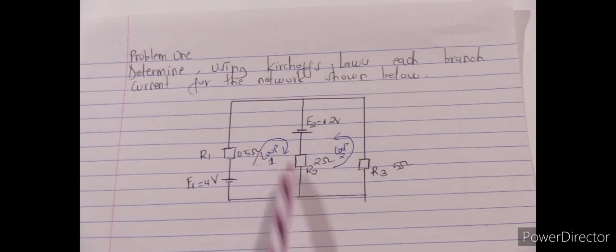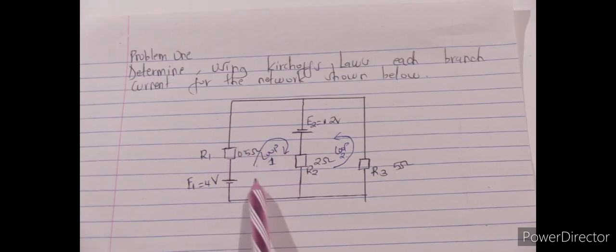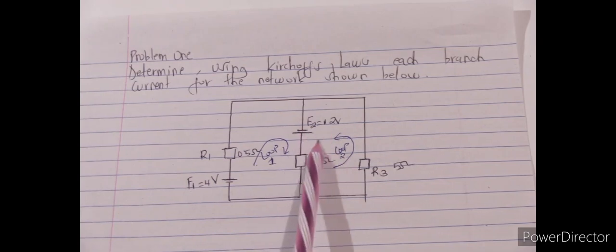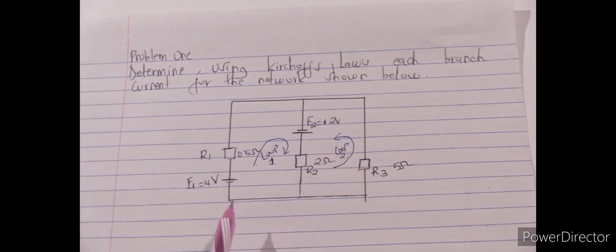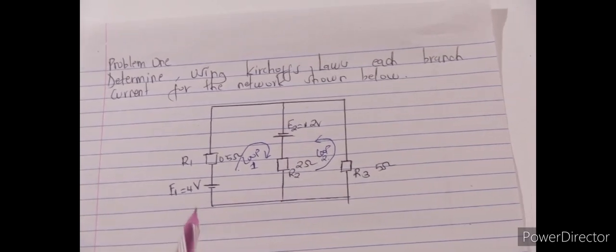In this particular circuit, we have 2 loops. The direction of the first loop, basing on this source, negative, positive, we are going to have in a clockwise direction. Then loop 2, basing on this source, we are going to have in an anti-clockwise direction.